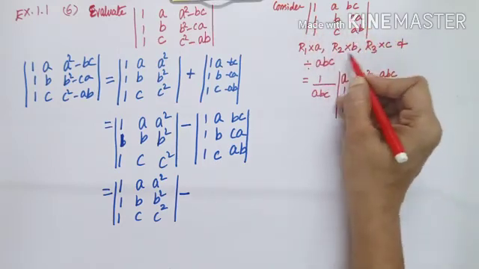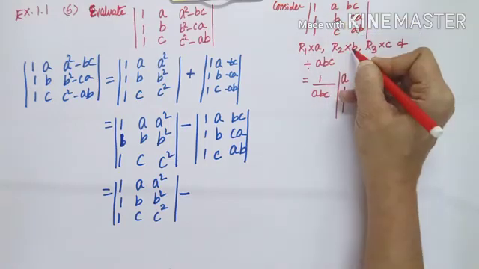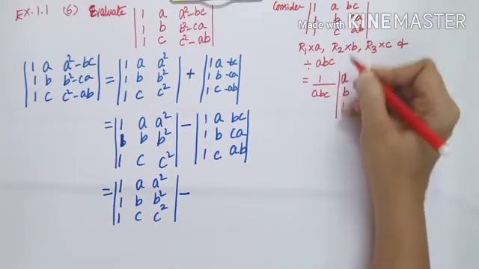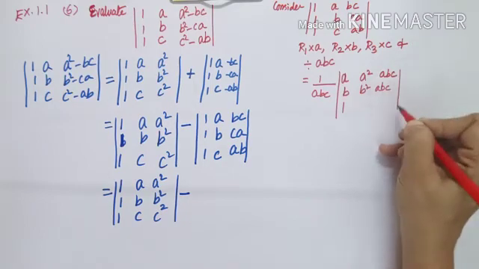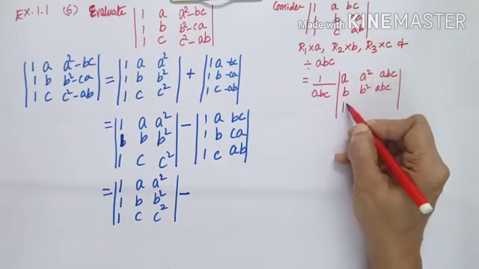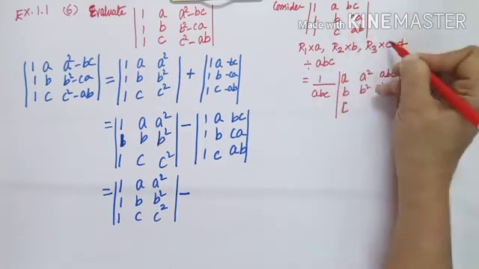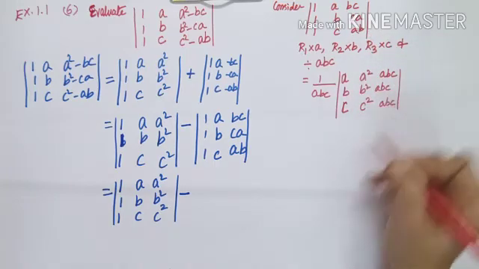Second row multiply by B. 1 into B, B square, B into CA, ABC. Third row multiply by C. 1 into C, C square, AB into C, ABC.